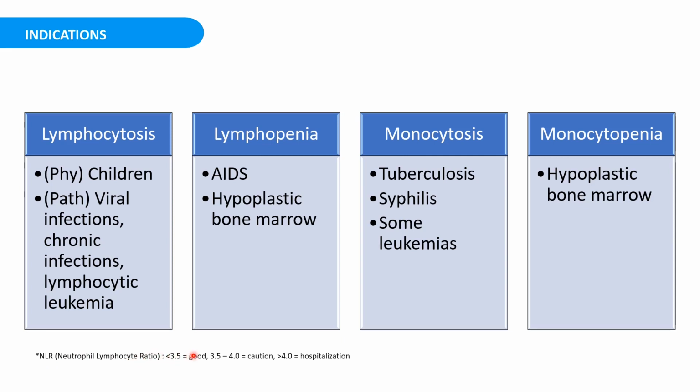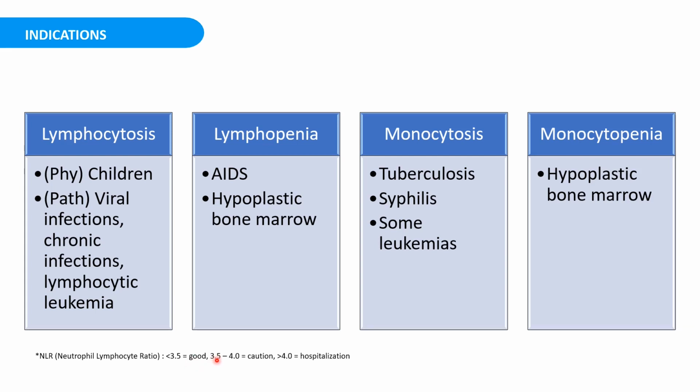If the person is suffering from coronavirus, the RT-PCR test is done and the patient is RT-PCR positive. Now you want to find out whether the person has a mild, moderate or severe infection. In that case the NLR ratio is very important. If the NLR ratio is less than 3.5, the person is in good condition, that means a mild coronavirus infection.